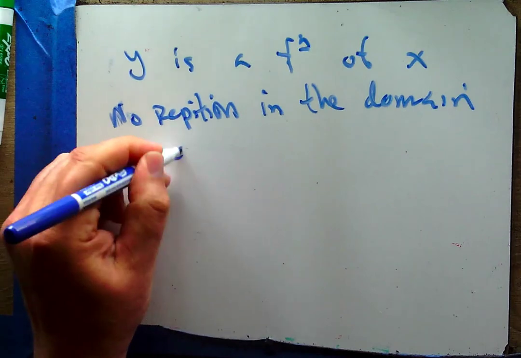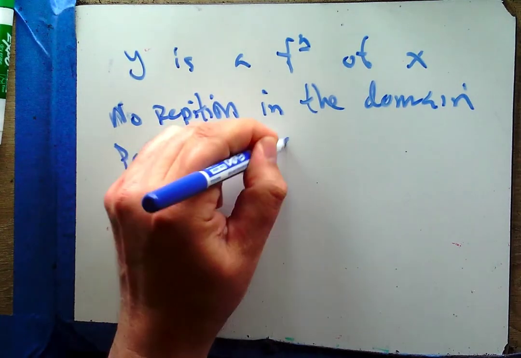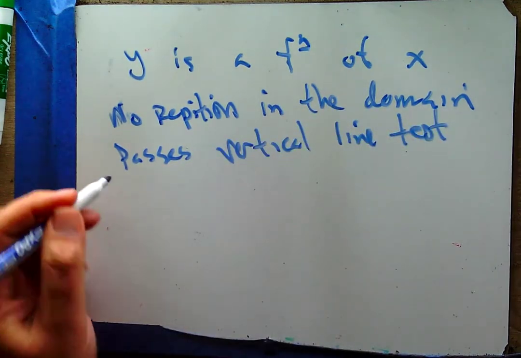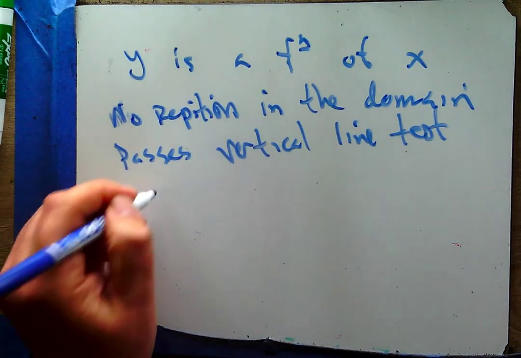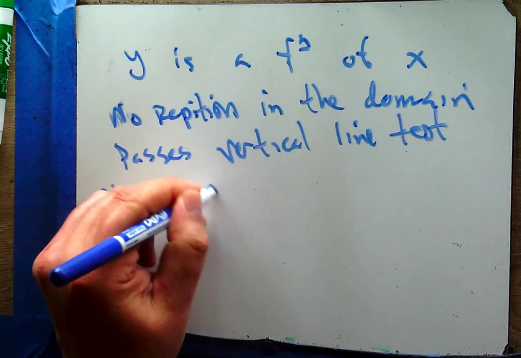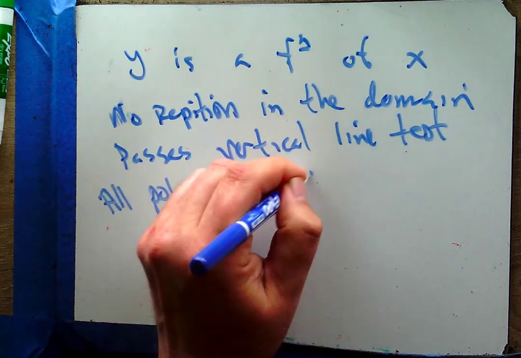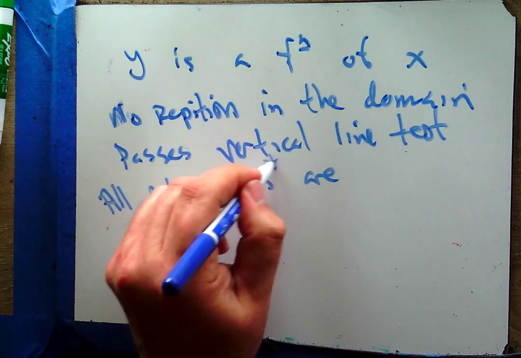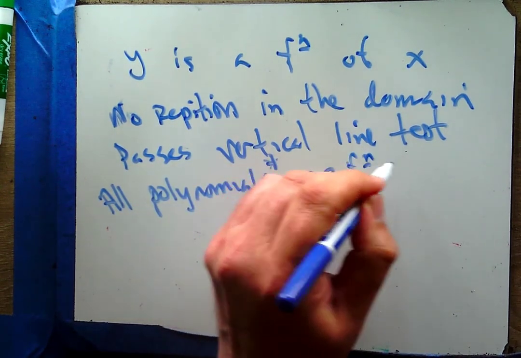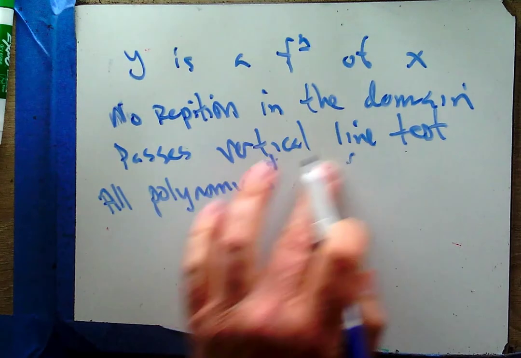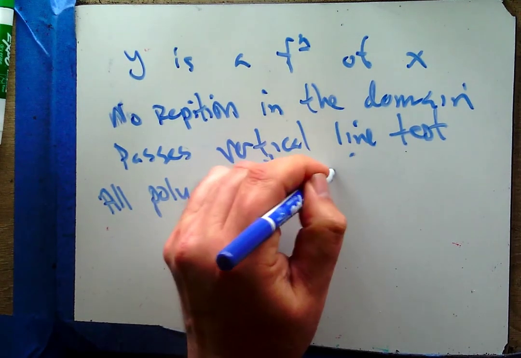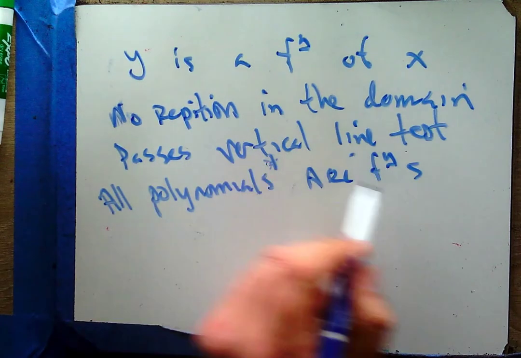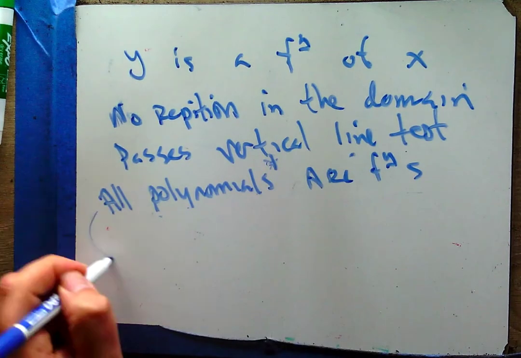Passes the vertical line test. Okay. We also know that all polynomials are, asterisk, functions. And all polynomials are functions. Now, I've got an asterisk here, and I want to clarify this statement.